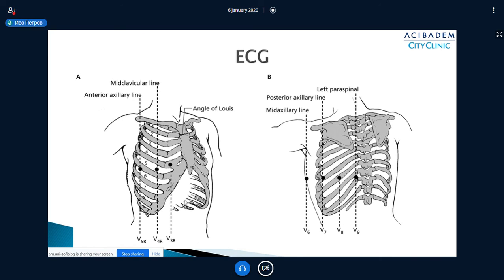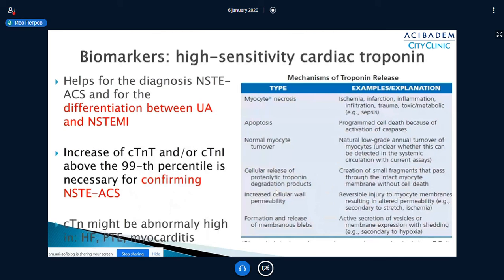Or when we put the leads on the right part of the thorax, these are the so-called V3R, V4R, and V5R. We are searching for ECG changes on the other part of the thorax in order to take a look at other possible changes in the ECG and the probability of a particular patient having acute coronary syndrome.